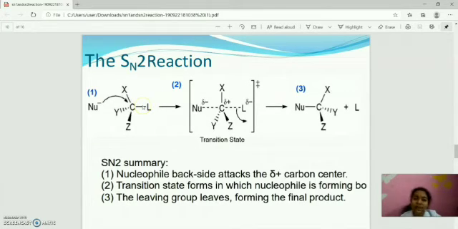Same charges will repel. So the electrons of the halogen group repel the nucleophile, so it cannot attack from the front side. It will always attack from the back side to avoid the repulsion. Okay, so what will happen if this nucleophile attacks here? Some change will occur that we can see.